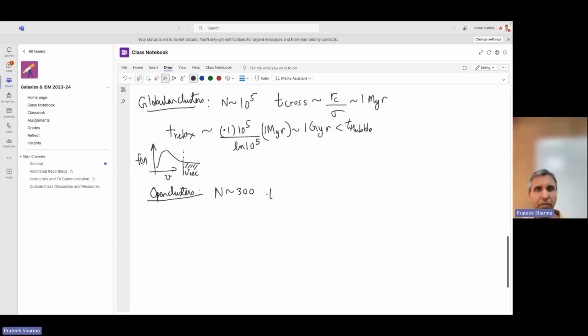Their crossing times are of this amount. Their radii, their sizes, are bigger than globular clusters. Globular clusters are very compact. Open clusters are diffuse; they are spread over a much bigger region, and their velocities, sigmas, are also smaller than the sigmas here.